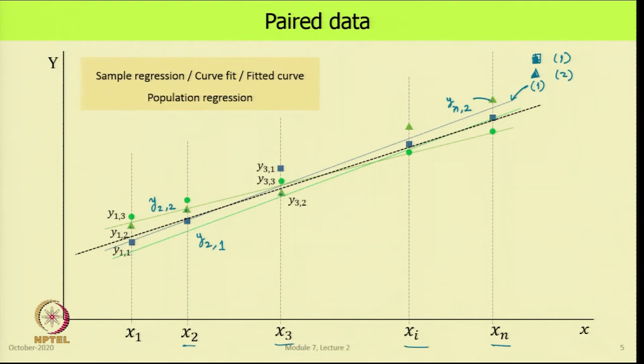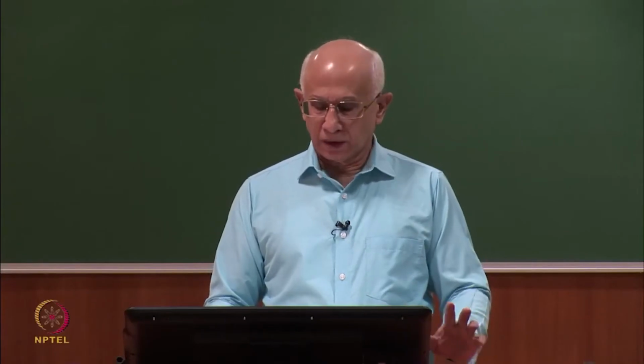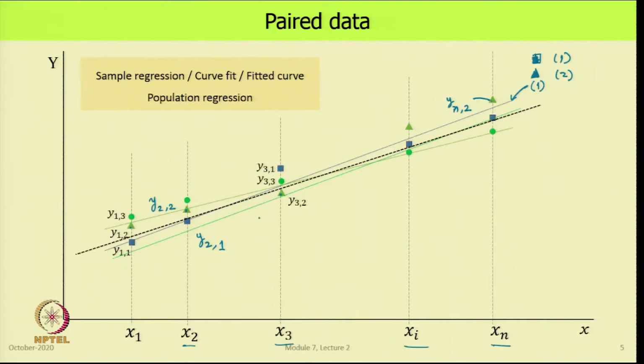So, using these points only, the triangles, we can make yet another regression, not knowing that a regression on the first experiment was already there, completely independent of that. And so, we get yet one more of the correlations or the regressions, and that we call number 2.